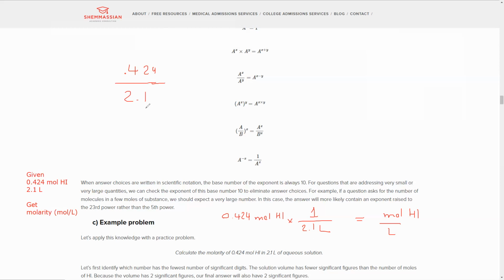I don't like this as much. What would I like more? What would be super easy to solve for right here? Would you rather be dividing 0.4 by 2 or 4 by 2? Which of these is easier? 4 divided by 2, right?